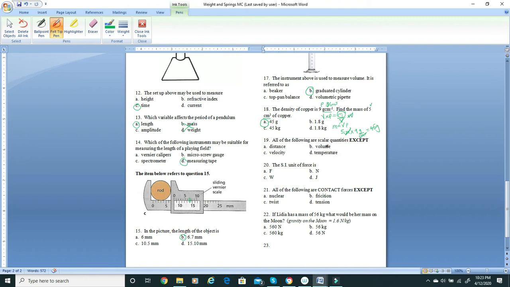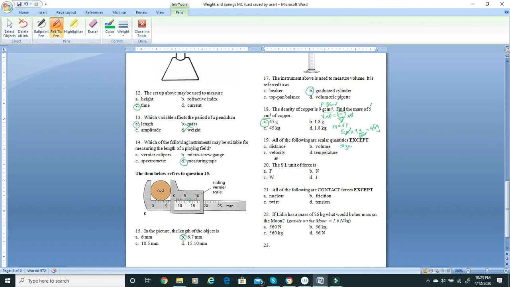All of the following are scalar quantities except. A scalar quantity has only size but no direction. So it has size and no direction. Okay? So all of these are scalar.